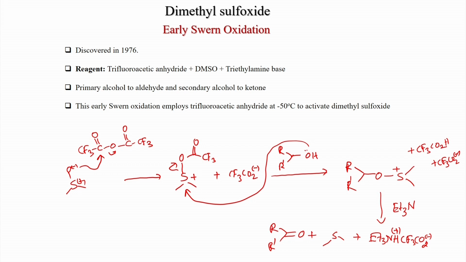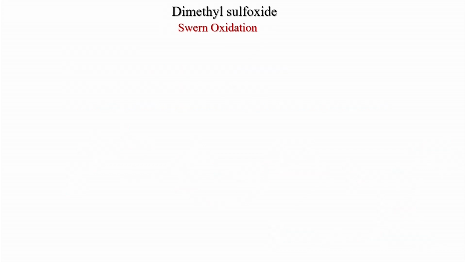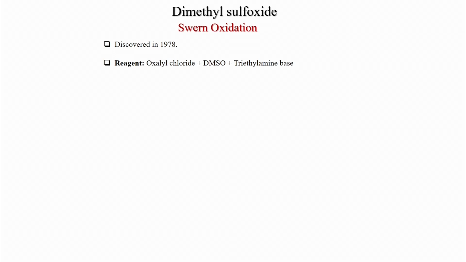So, this was the early Swern oxidation, and later what is commonly known as the Swern oxidation uses oxalyl chloride as the electrophilic reagent. This was discovered in 1978. Earlier it was trifluoroacetic anhydride, here oxalyl chloride was used with DMSO and triethylamine base.